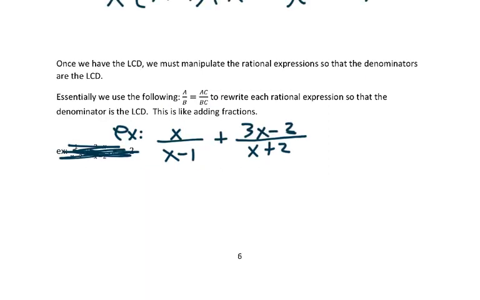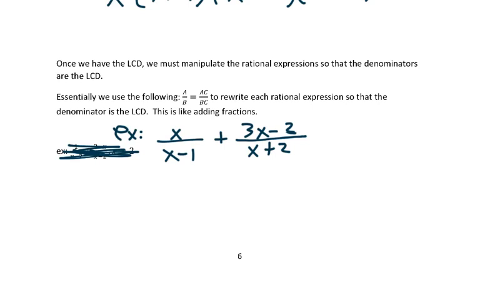Okay, so now that we have some idea as to how to get the LCD, we're going to use it in order to add and subtract rational expressions. And it's really just like what you do when you're dealing with fractions of integers. Once you know what the common denominator should be, you have to manipulate the denominator.